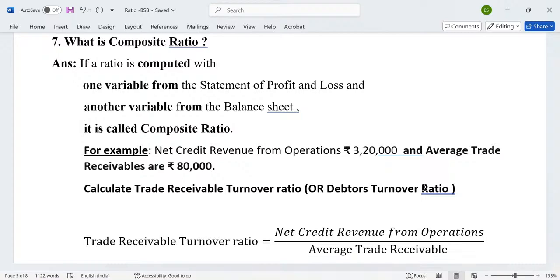Now we are calculating one ratio. This ratio is a composite ratio. Therefore, trade receivable turnover ratio, or debtor turnover ratio, or account receivable turnover ratio, is equal to net credit revenue from operations divided by average trade receivables.